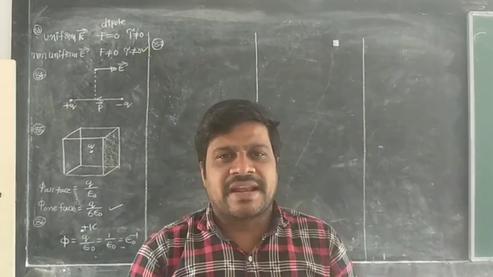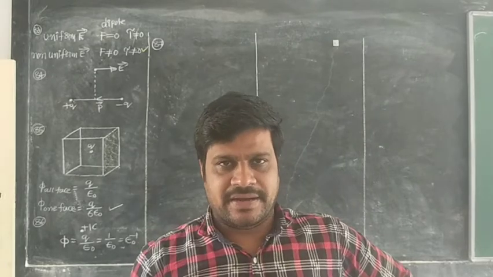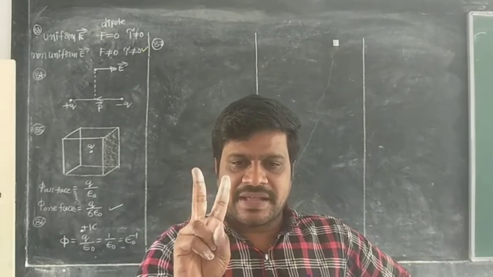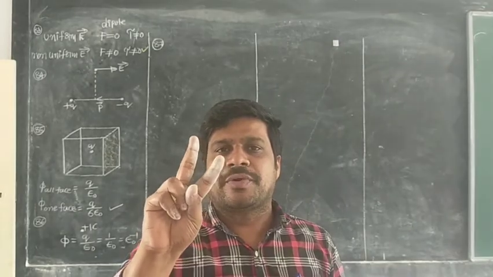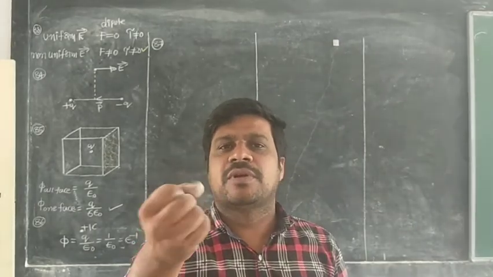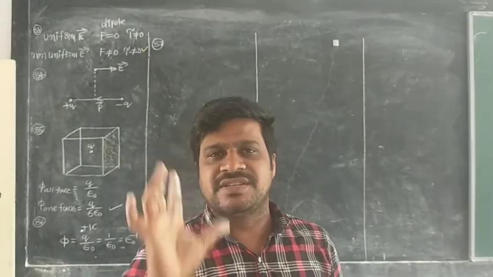First, what is the charge due to one electric dipole? In one electric dipole there are 2 charges, one positive and the other negative. Positive q plus negative q is equal to 0. Due to the first electric dipole, the electric charge is 0.